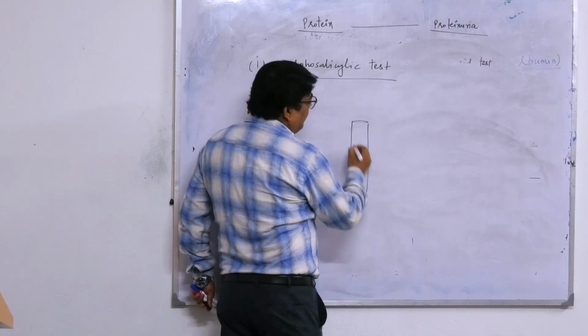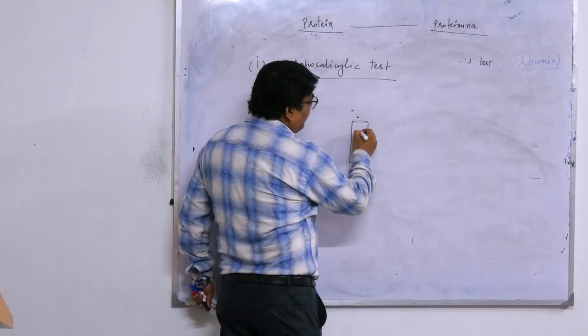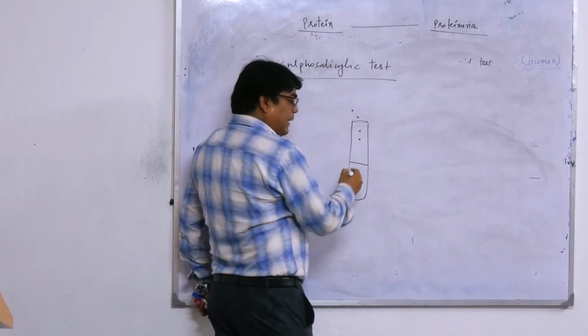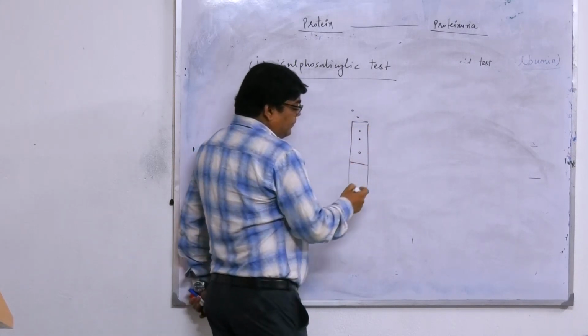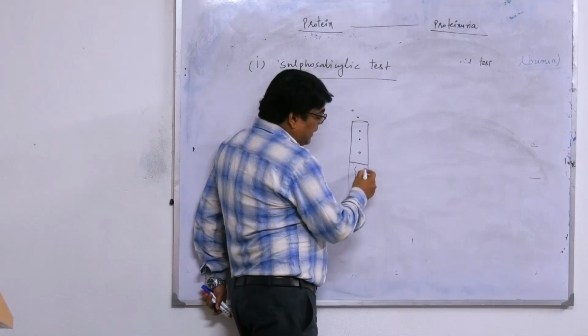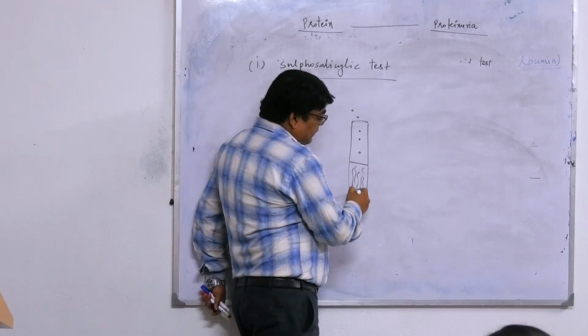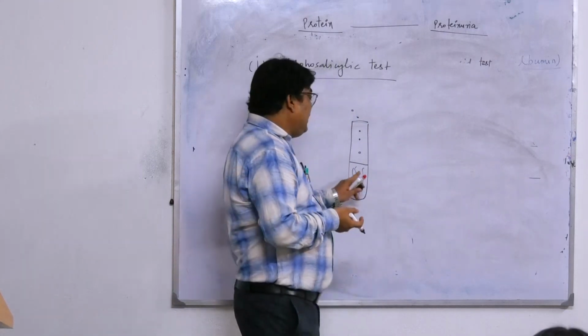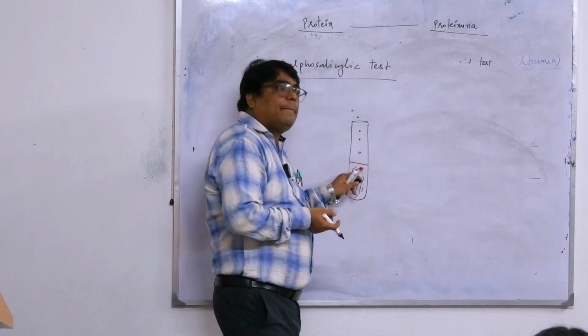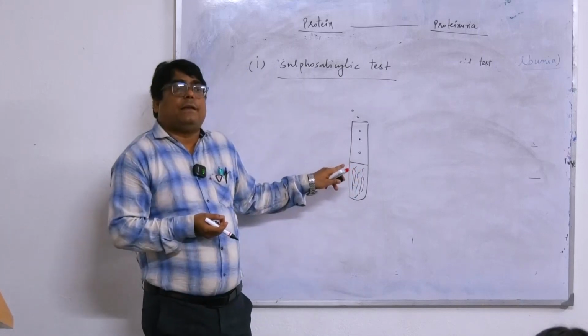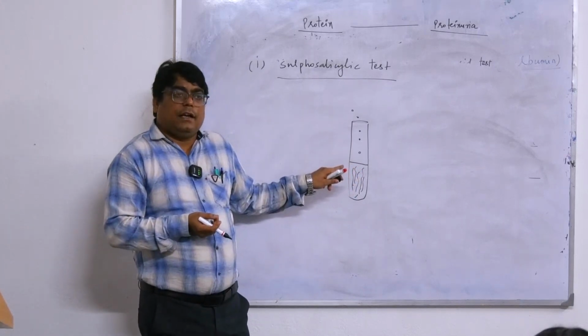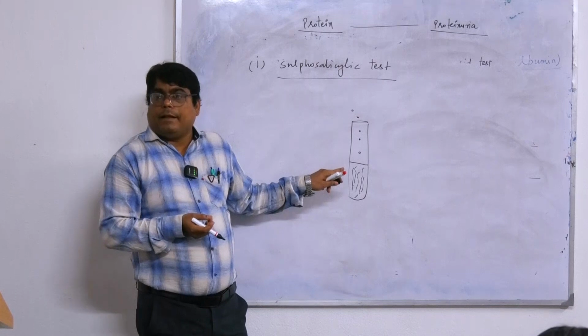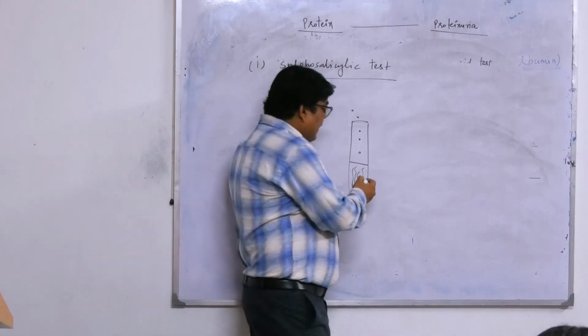This is our test tube. We add a few drops of sulfosalicylic acid, then the protein present inside changes the pH, and due to the change in pH it goes for a precipitation reaction.